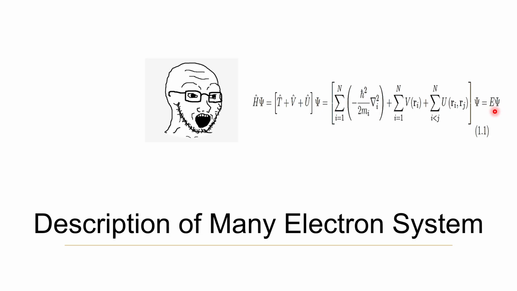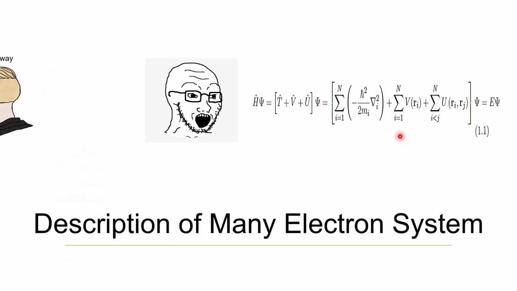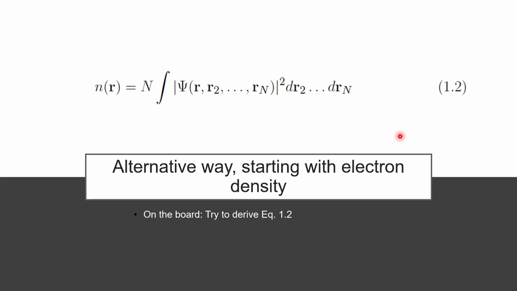But this has been proven to be quite difficult to solve, and using it in computations would be computationally expensive. So we have to find another way, and that is by describing the system with the electron density.